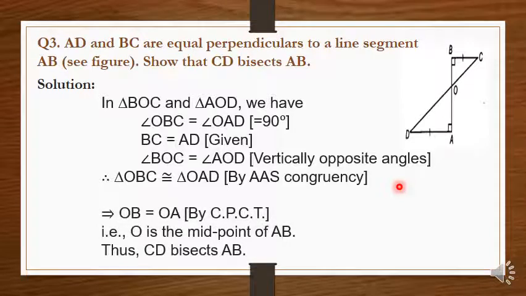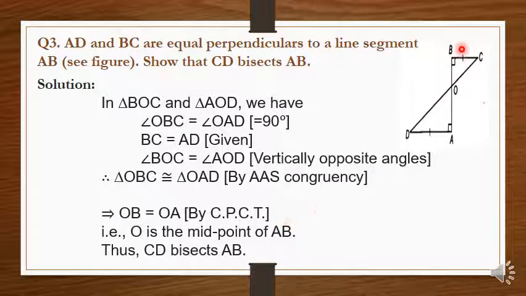So the next part says that we have to show that they are bisecting. Now if they are congruent to each other, therefore their corresponding sides are also equal. So from here, can we say that OB equals OA, right? From the names also, we can tell the corresponding sides. So OB equals OA by CPCT, corresponding parts of congruent triangles.